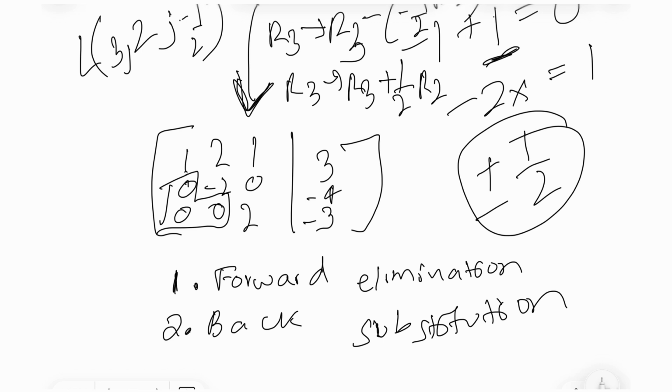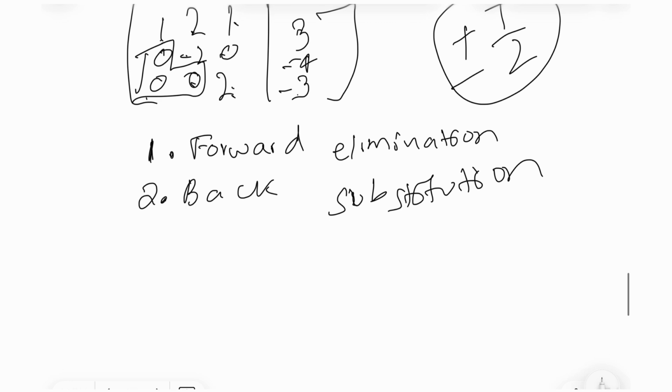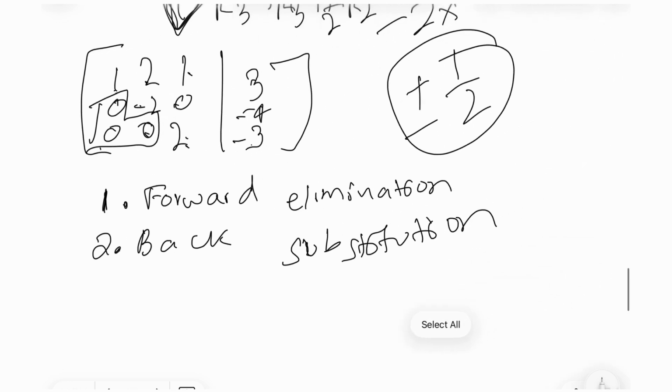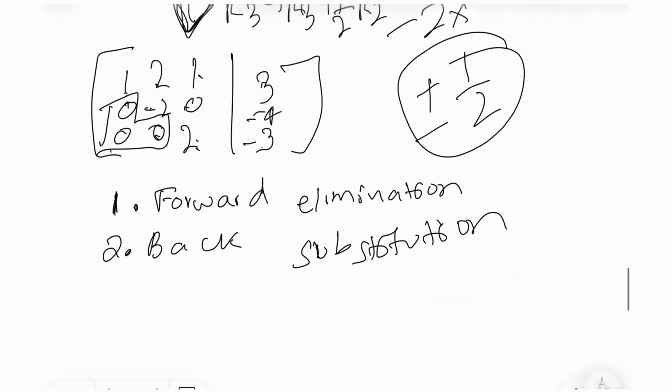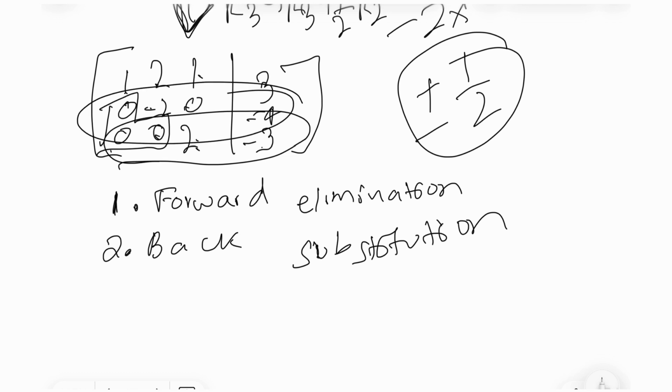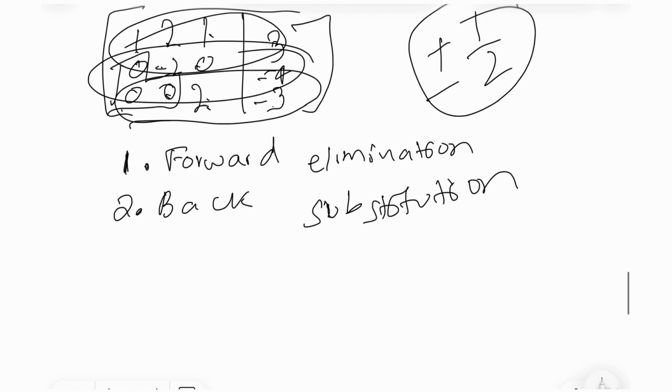Look what we have. 1, 2, 1, 3. 0 minus 2, 0, 4. 0, 2, 0, 0, 0, 0, 2, minus 3. Remember, these rows correspond to a linear equation.